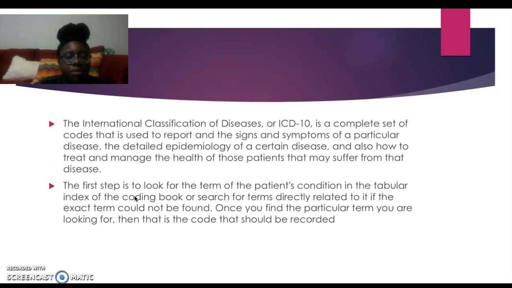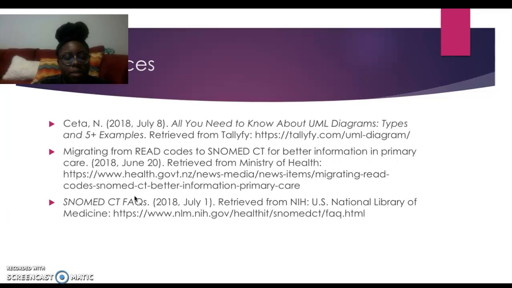And the next one would be ICD-10, and it's basically the same thing, a collection of codes that is used to report the signs and symptoms of a particular disease, and the detailed epidemiology, and also how to treat and manage the disease. And these are my references.